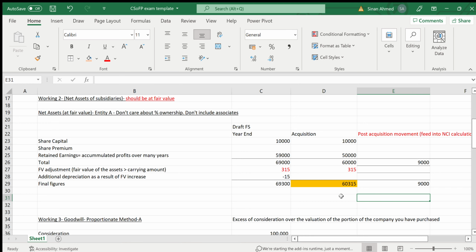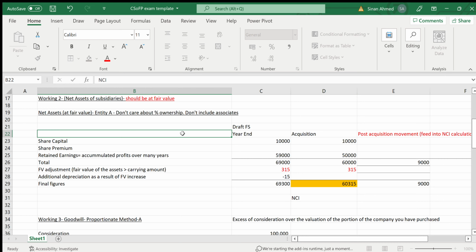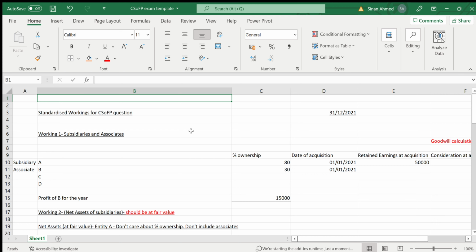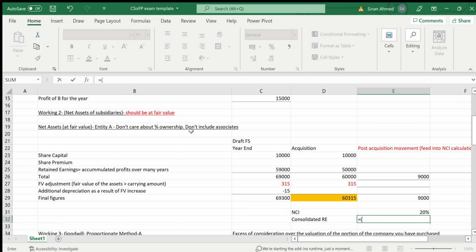So NCI, you don't put this in your workings, but I'm just telling you. If the ownership of A is 80%, NCI is getting 20%. So the consolidated retained earnings are getting 100% minus the 20% times the 9,000.